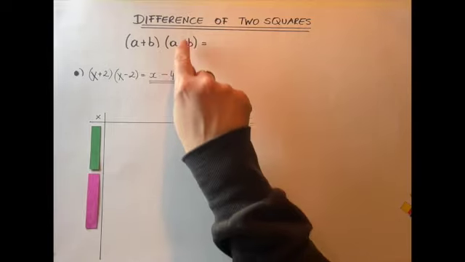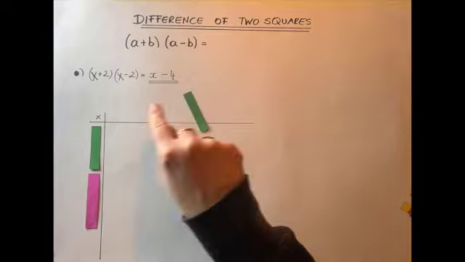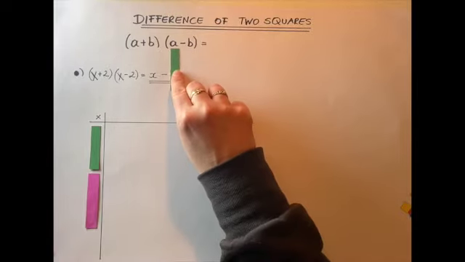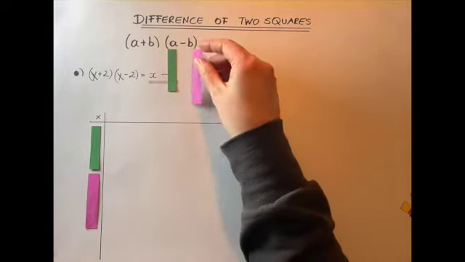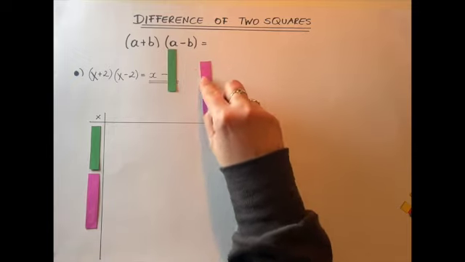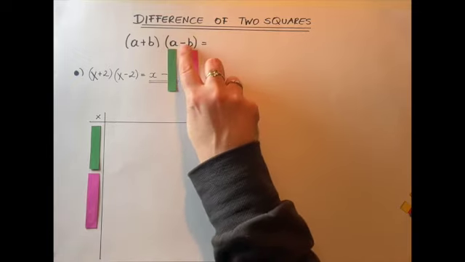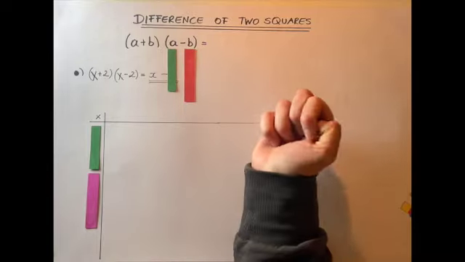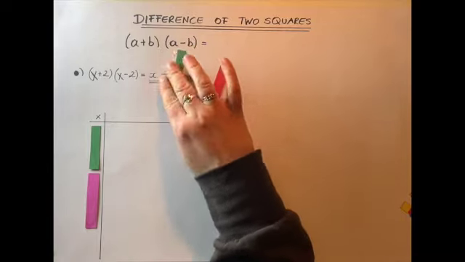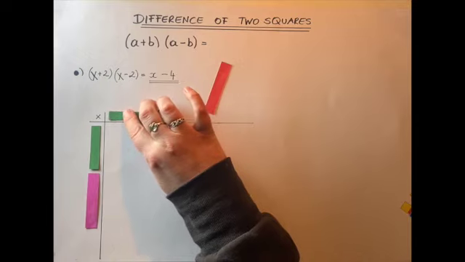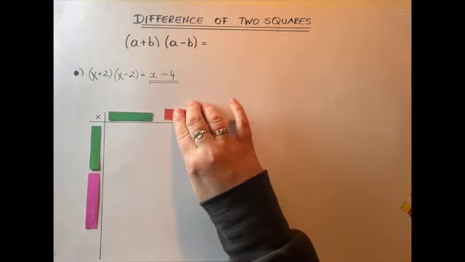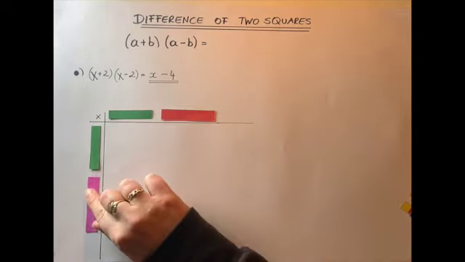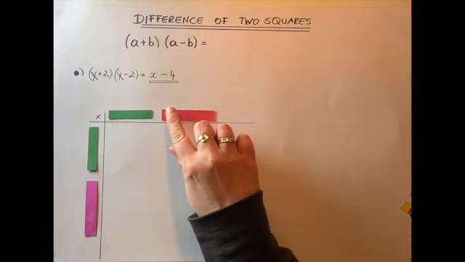So the second bracket goes in our first row. That's the a. And now this b is negative. So we need to flip it over to the red side. Let's put it in our first row here and here to see what we get.